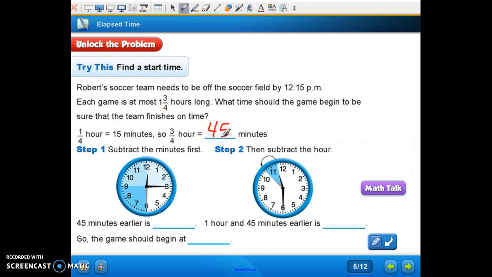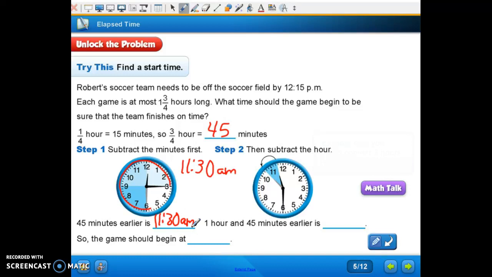Step 1, subtract the minutes first. Now, what time did he have to be done? 12:15. So they're going to go back 45 minutes. So now what time would he be at here? 11:30. And now we went to AM time. So 45 minutes earlier is 11:30 AM.